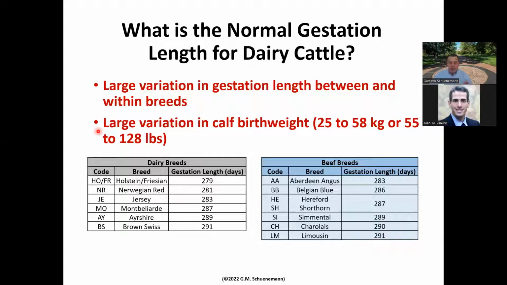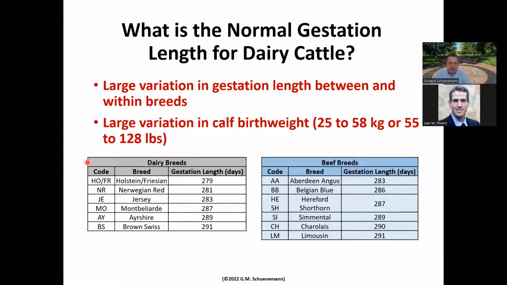I'm going to cover a little bit of the basics, because a number of things we're going to talk about have a genetic component. Something important when we work with farms and look at bulls is that we need to know the gestation length, and what the normal gestation length is. There is quite a lot of variation in gestation length between and within breeds.